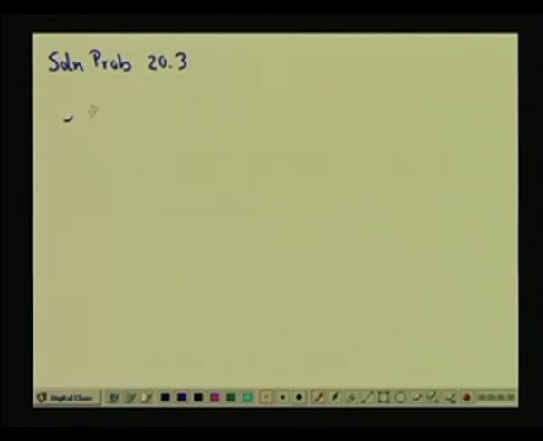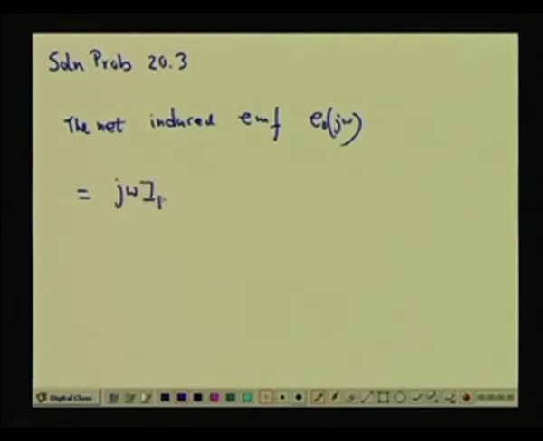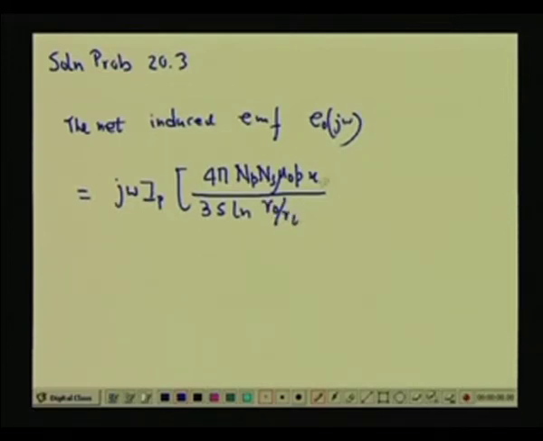So, the net induced EMF E(j omega) of the secondary coils is given by j omega Ip 4 pi Np Ns mu naught p x upon 3 s natural log (ro by ri) multiplied by (1 minus x square by 2 p square), right.